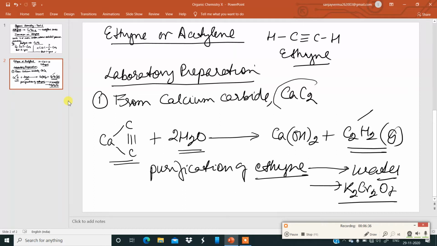Now my dear students, calcium carbide is available in general stores also. If you go to any general store and ask for carbide, they will give you calcium carbide only. Bring it home and wrap it in a newspaper. It is an irregular stone-shaped, dirty white colored compound.